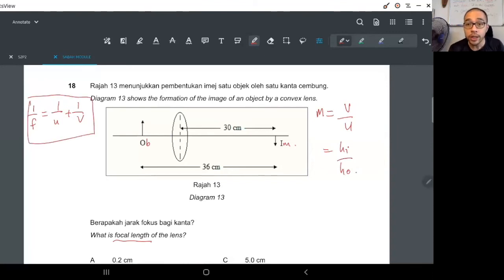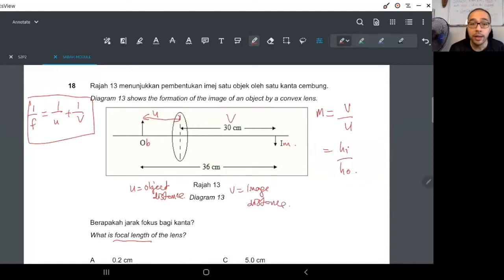The question is, what is u and what is v? U is the object distance, which is this. V is the image distance, which is this. This is v.